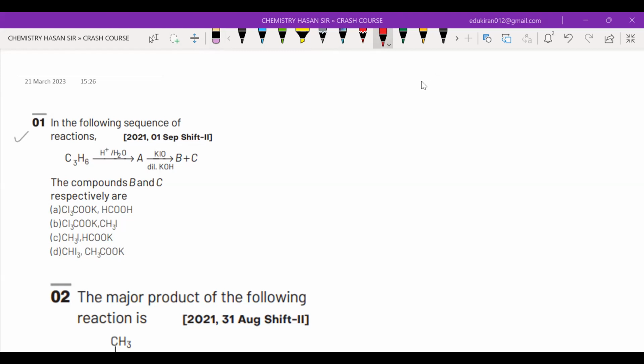Oh, no, no, no. See, C3H6. First of all, it is an alkene. And if you are going to do the hydrolysis, basically you can call it acid catalyzed hydrolysis.